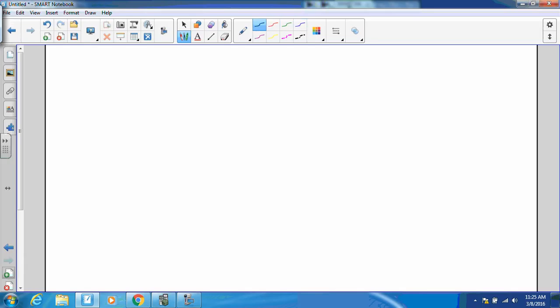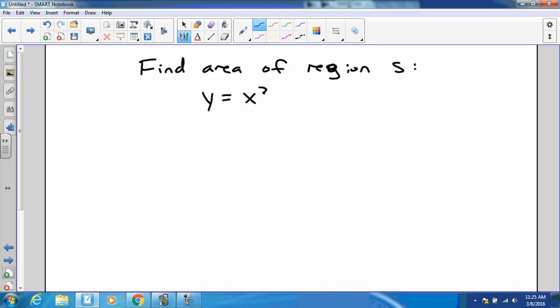Problem as stated. Find the area of the region S defined by y equals x squared, the x-axis, and the vertical line x equals 2. Go ahead and draw that region before we get started.